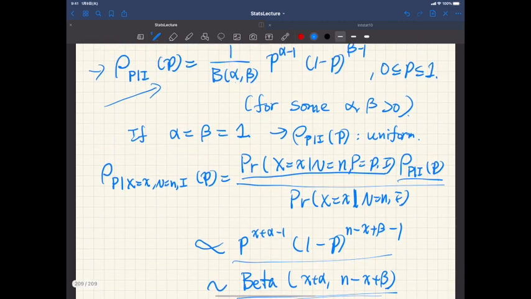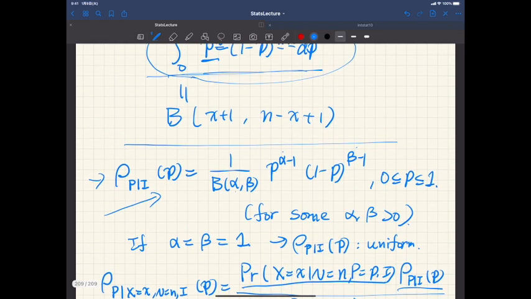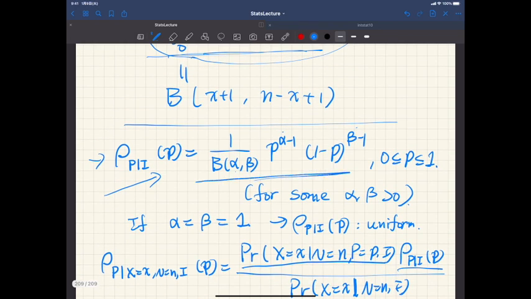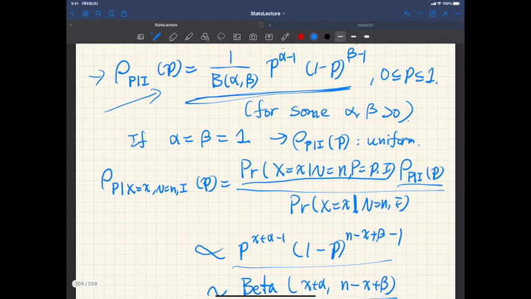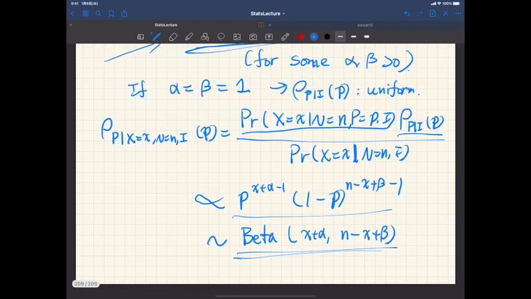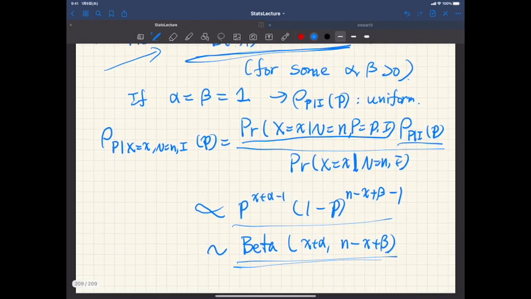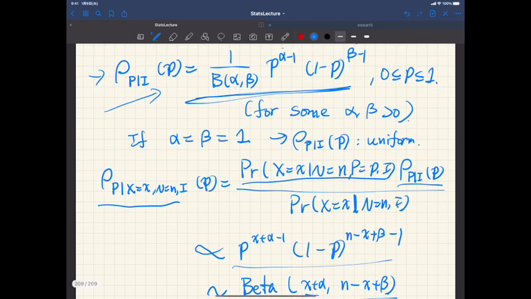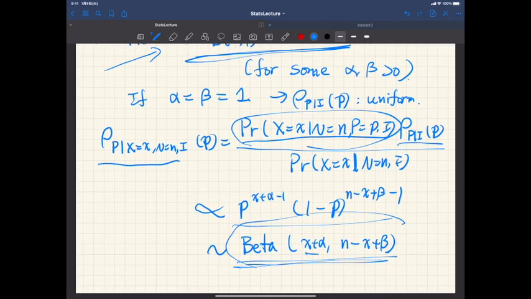So what we have seen here is that if you use the beta distribution as the prior distribution in Bayes theorem, then what we get for the posterior is also a beta distribution, but with a different parameter set. So we have a beta distribution and a binomial distribution, and we get a beta distribution again.